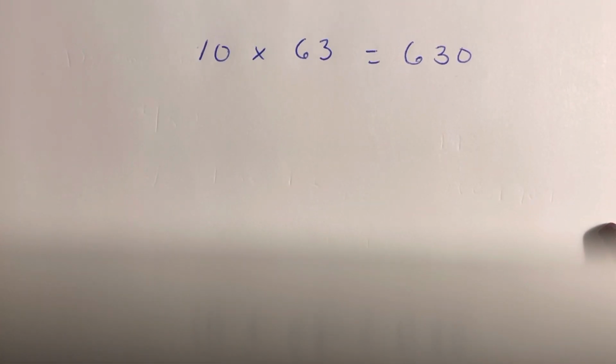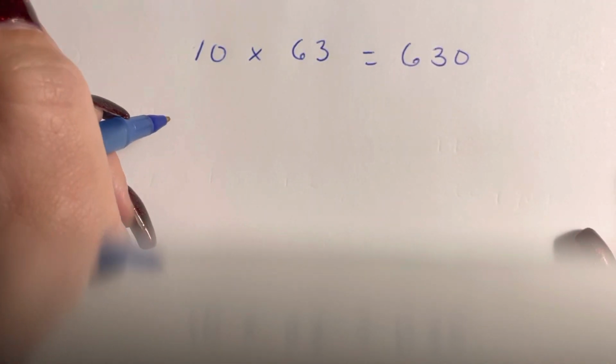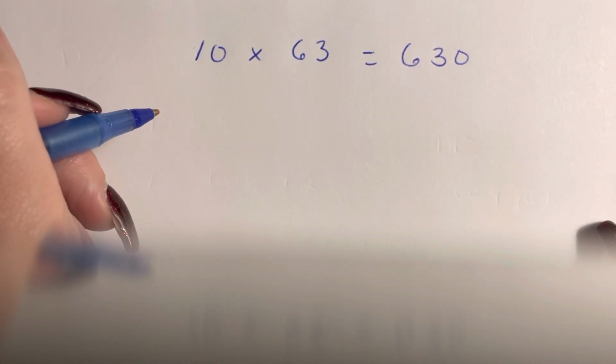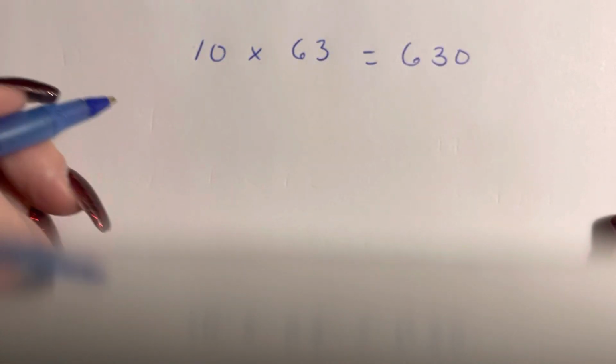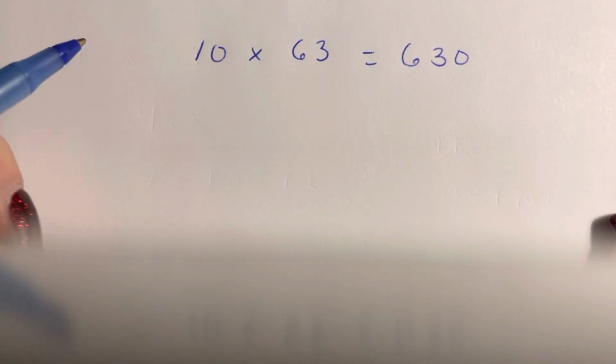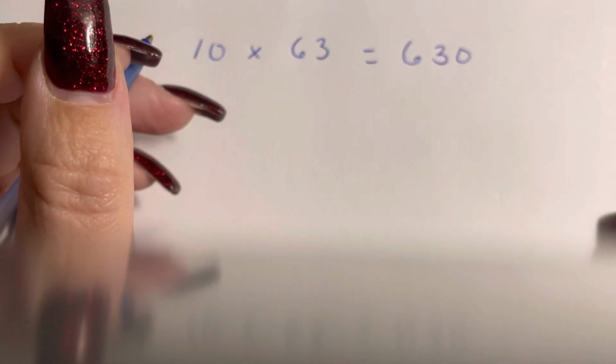So in order to get to 9 times 63, we know that you would have 10 groups of 63, and then you would just subtract 1 group of 63.